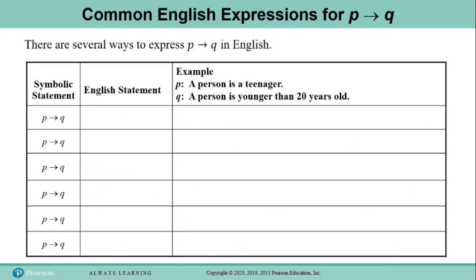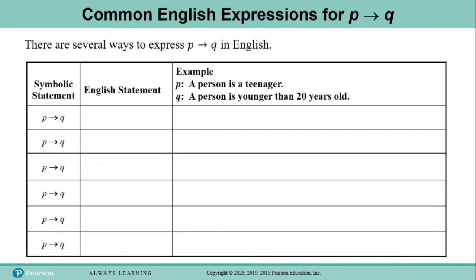Okay, now you remember in section 3.1 we mentioned a couple of times how English is a very flexible language, and there is very often more than one valid way to put a logical statement into English words. And it turns out there are lots of ways to state the if P then Q relationship in English words, and we need to look at a few of them.